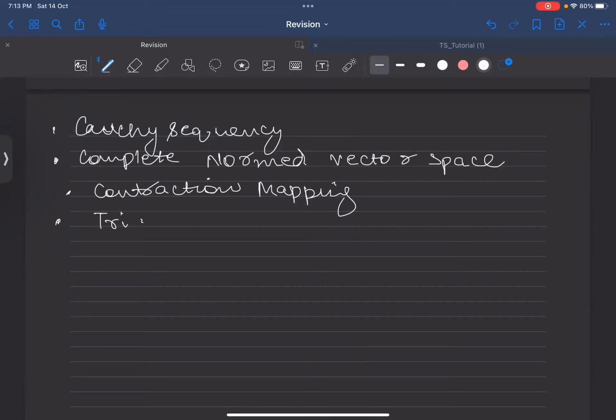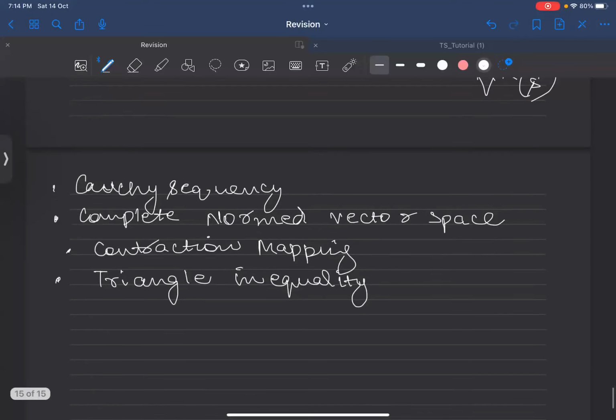So these are the concepts which I used in order to prove. Why they are used and where they are used, I'll tell you. First of all, what is a Cauchy sequence? Don't worry, I'll join the dots.